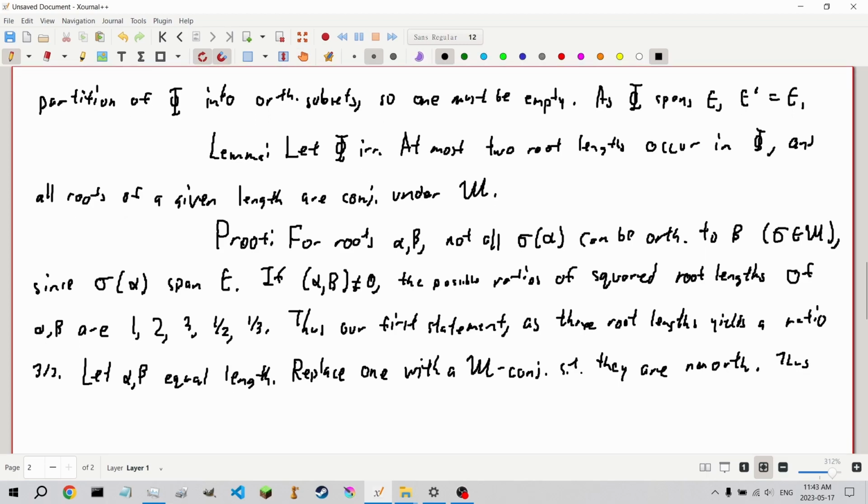Thus, by our previous chart, the angle bracket of alpha and beta, and equally of beta and alpha, is going to be positive or negative 1.